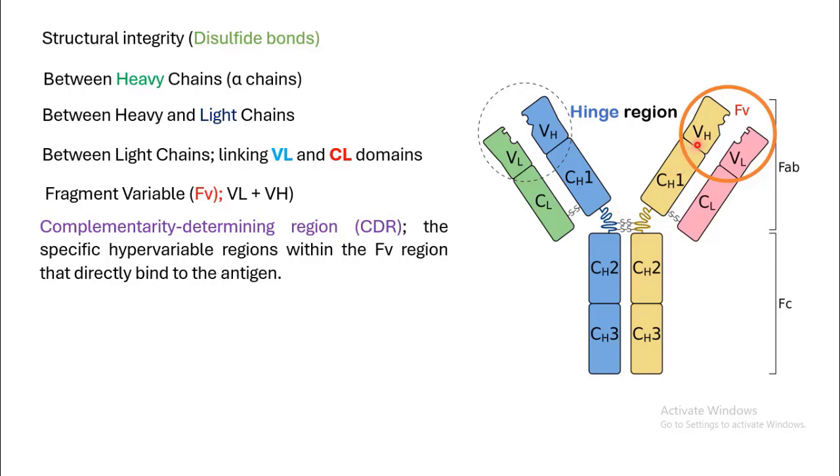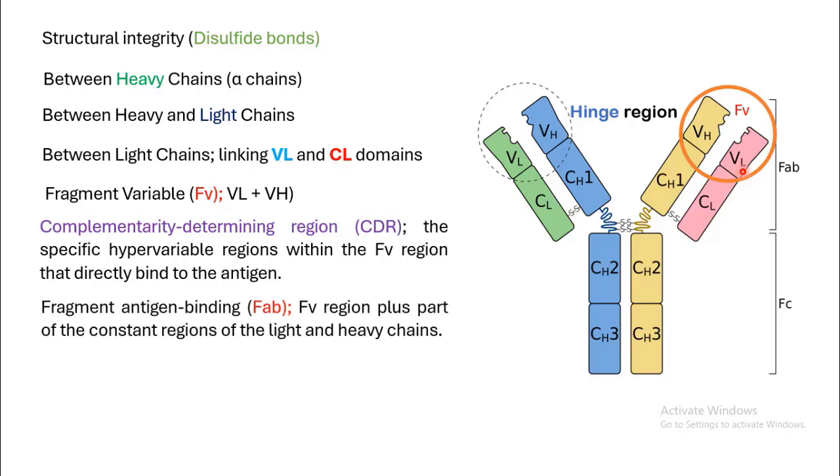So the CDR is a subcomponent of the FV region, and it is hypervariable, and this hypervariability leads to the diversity of the antibodies. You need to understand the difference between the FV and the CDR. The FV is the VH plus VL, and the CDR is the region within the FV. There are usually 3 CDRs in the VH, and there are usually 3 CDRs in the VL.